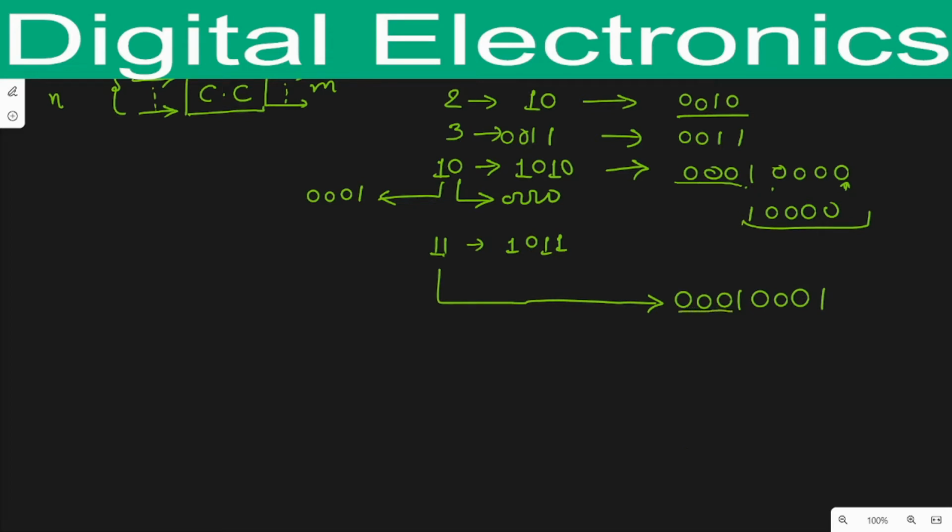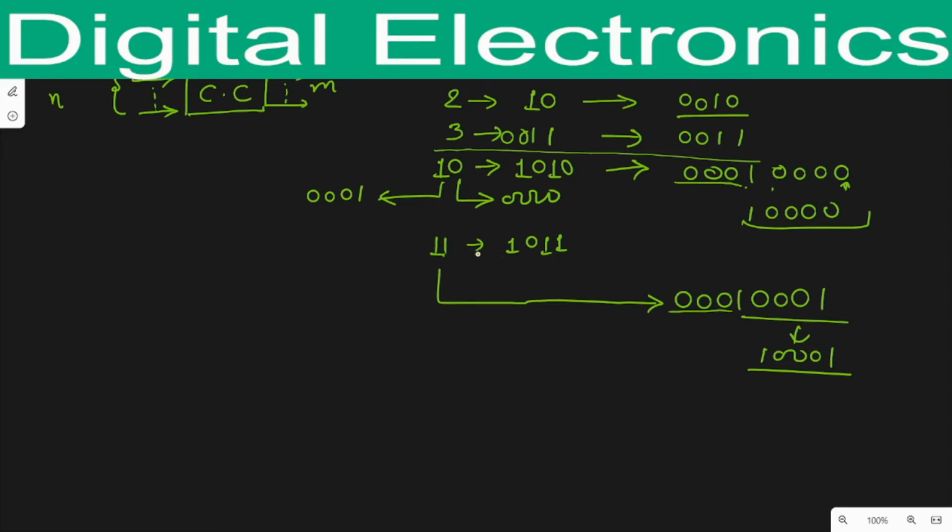Now we can eliminate the first three zeros. So the final representation of 11 will be 10001. It means that from 0 to 9 the binary and BCD are the same, but for 10, 11, 12, 13, 14, 15 the binary and BCD will differ.